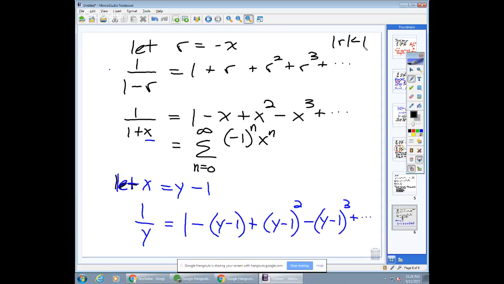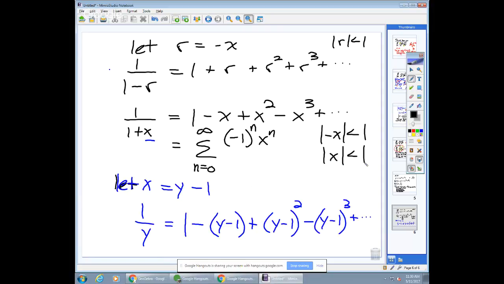When you do a substitution, the substitution affects the interval. So when I substitute in, I replaced r with negative x. For this second one here, I'm going to get the absolute value of negative x is less than 1. Okay, what's the absolute value of negative x? Well, it's the same as the absolute value of x. So I get the same interval.